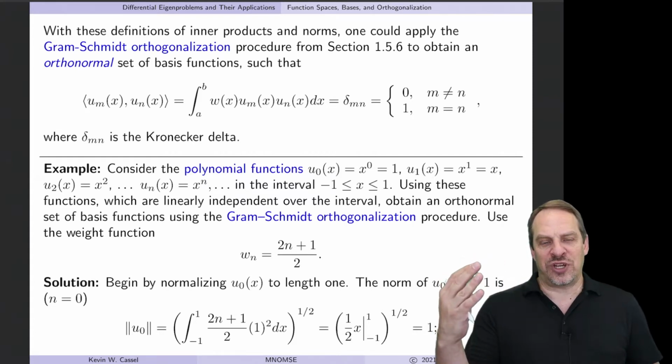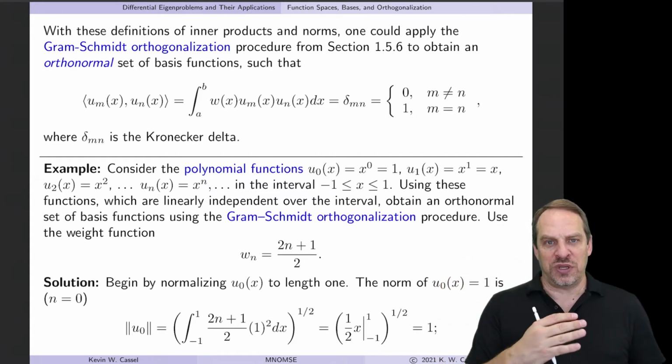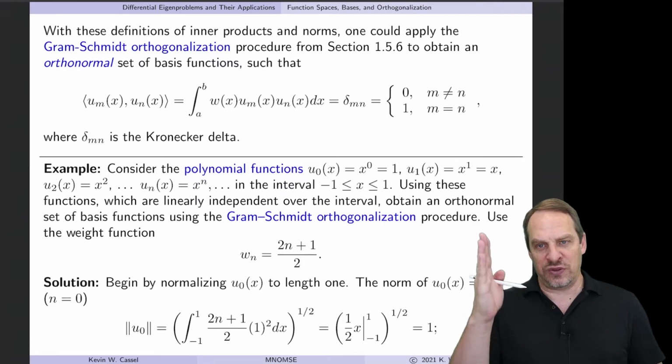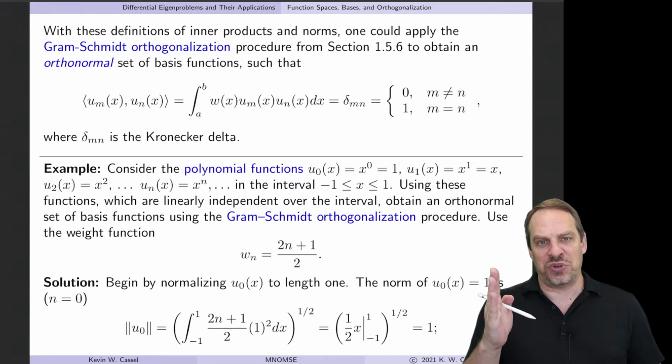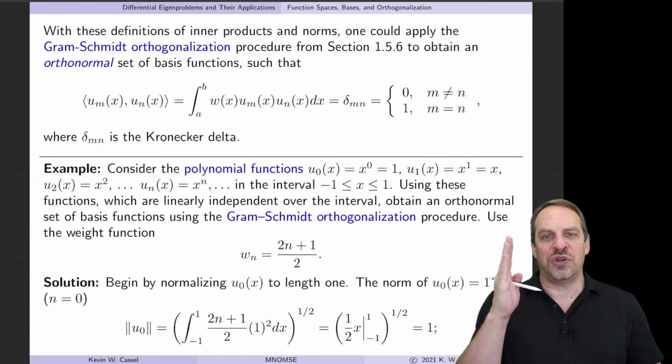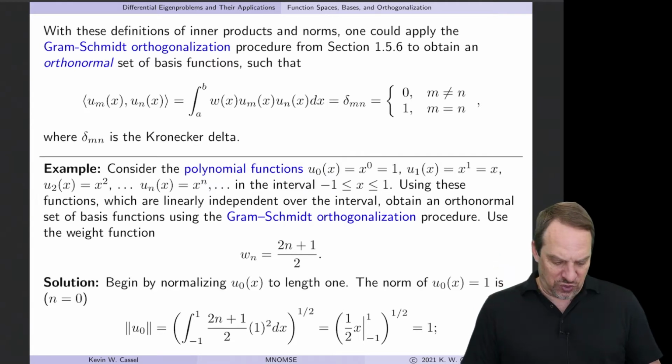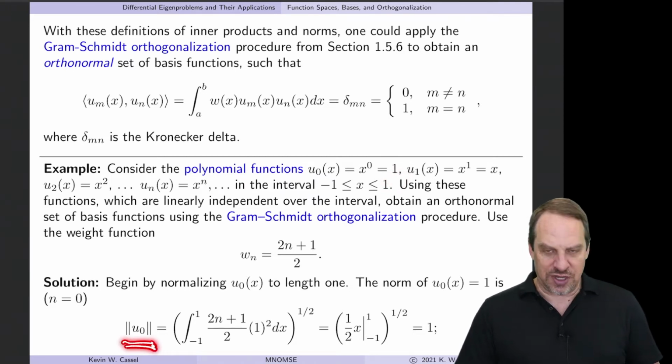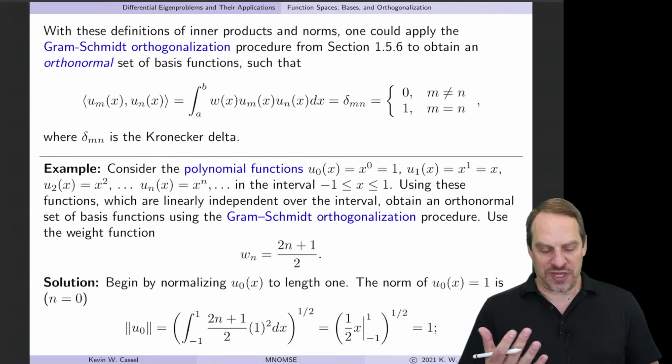So if you look back in chapter 1 and you look at the steps in Gram-Schmidt, the first step is to pick one of the vectors, and now one of the functions. We'll pick the first one, u0, and we want to normalize it. So we take the function itself, which in this case is just 1. We determine its norm, the norm of u0, and then divide by that to normalize it.